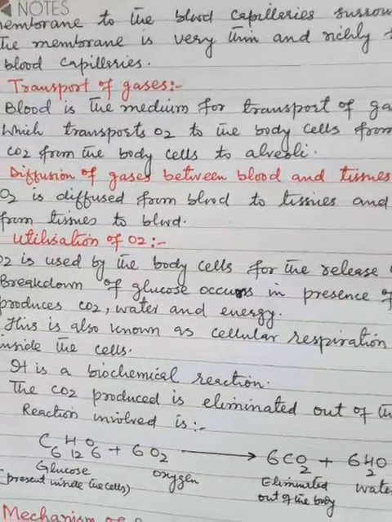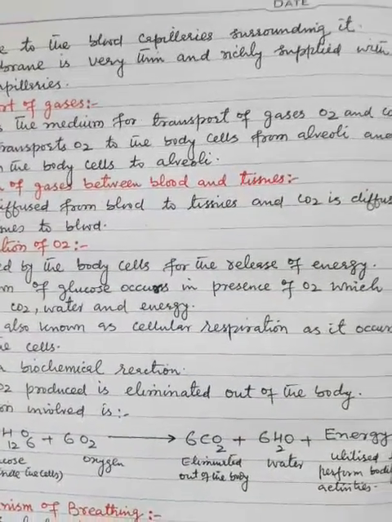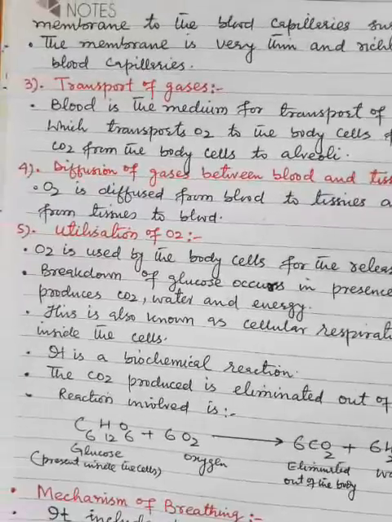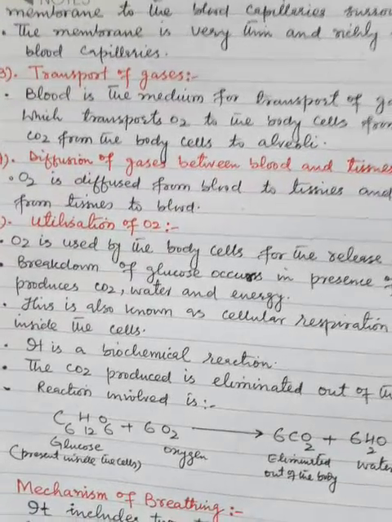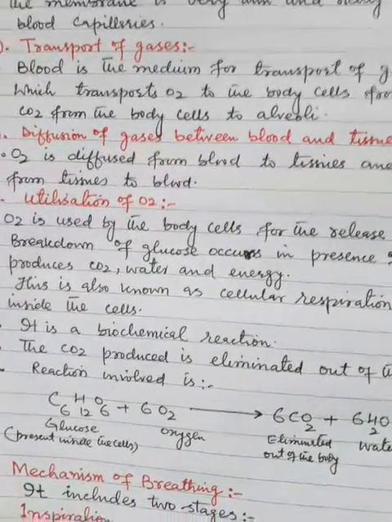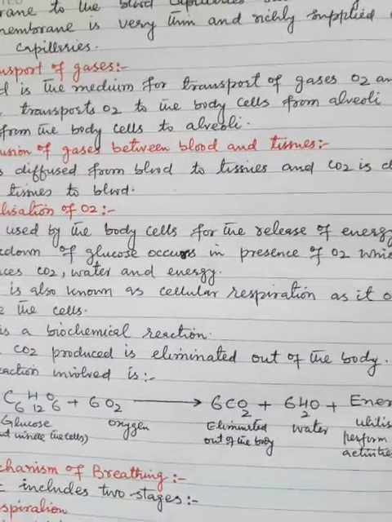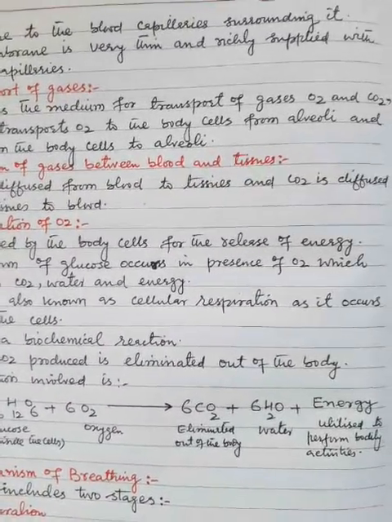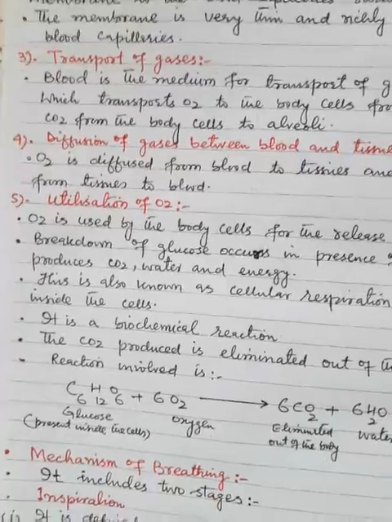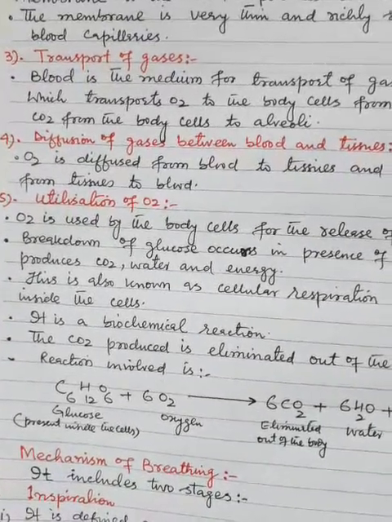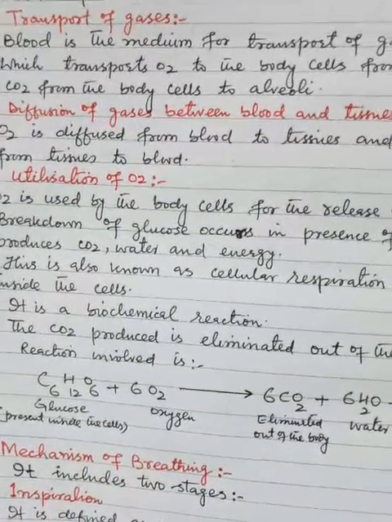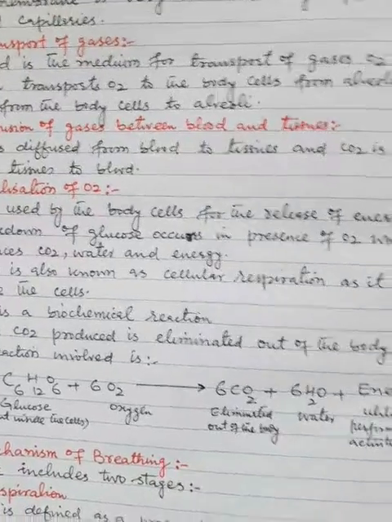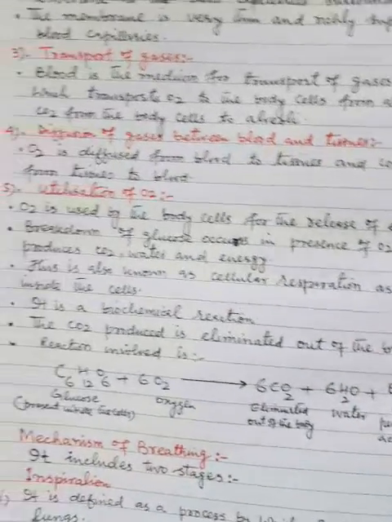Breakdown of glucose occurs in the presence of oxygen, which produces carbon dioxide, water and energy. This is also known as cellular respiration as it occurs inside the cells. It is a biochemical reaction. The carbon dioxide produced is eliminated out of the body.